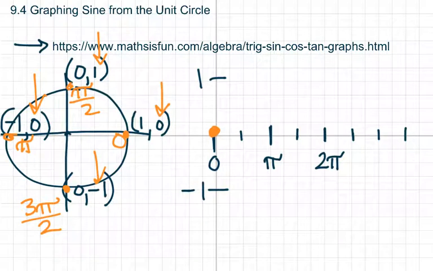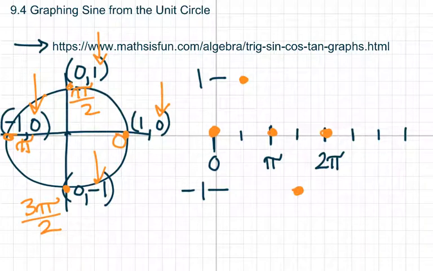So at 0, sine is 0. At pi, sine is 0. At pi over 2, sine is 1. At 3 pi over 2, sine is negative 1. And at 2 pi, it again goes up like this. Then it's going to repeat itself.